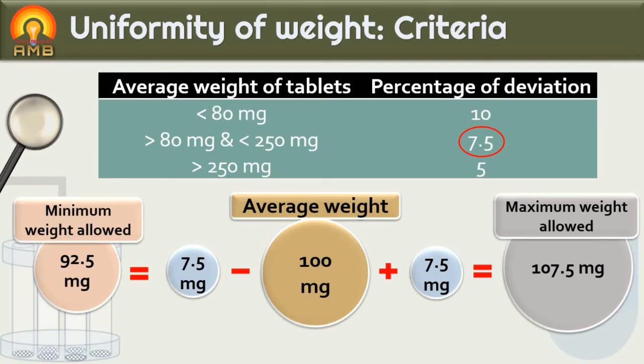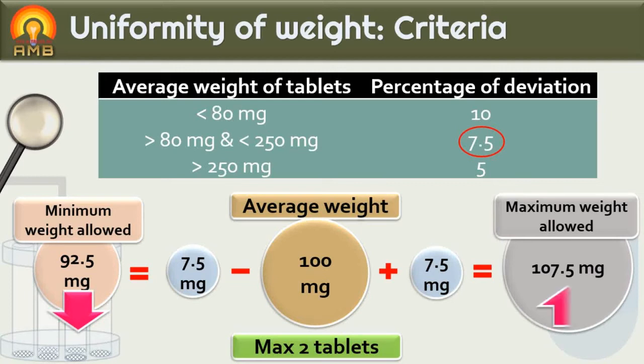Tablets pass the test if all the tablets have weight between the minimum allowed and maximum allowed weight, and if not so, a maximum of two tablets have weight less than 92.5 mg and or weight more than 107.5 mg.